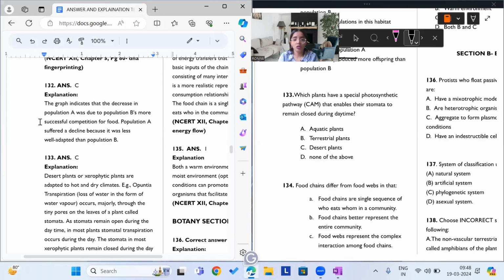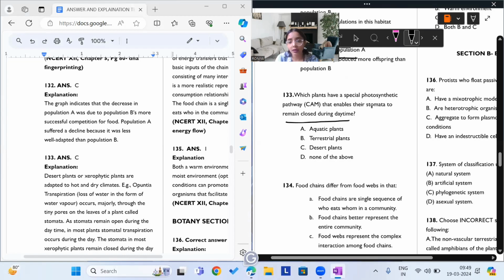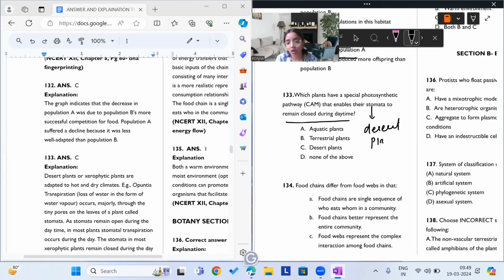Now moving on to question number 133, which says, which plant has a special photosynthetic pathway that enables its stomata to remain closed during daytime? See, this can be found in desert plants like Opuntia. Why? Because in desert, there is already a lack of water. So desert plants already have limited water availability, isn't it?